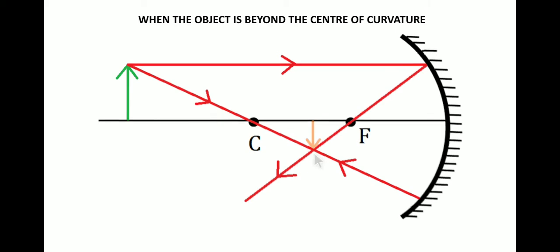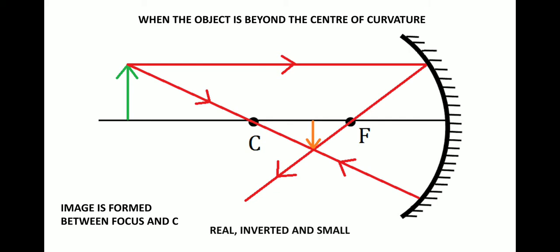So the image will be formed upside down, and the image will be smaller in size. So the image is formed between the focus and the center of curvature C, and the image will be real, inverted and small.